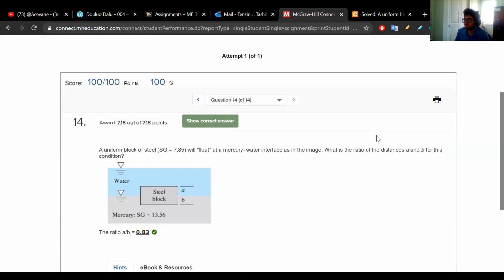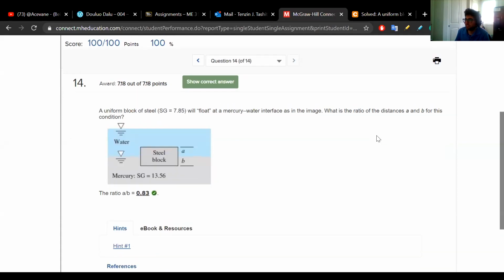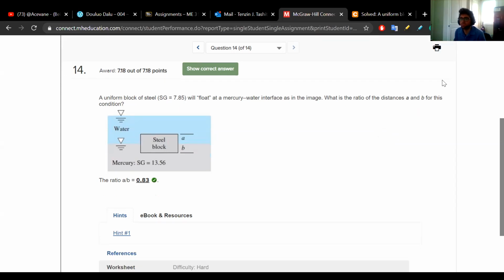So we know we're dealing with the buoyant force, right? It is problem 2.122 in the textbook.